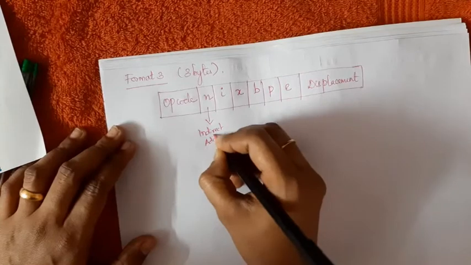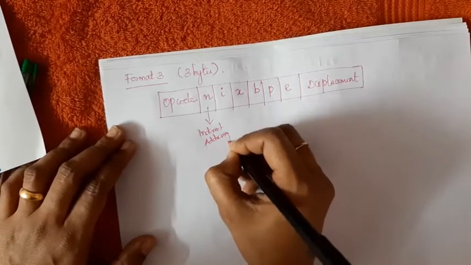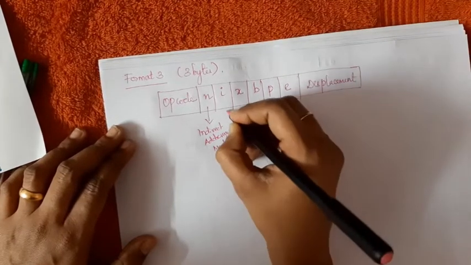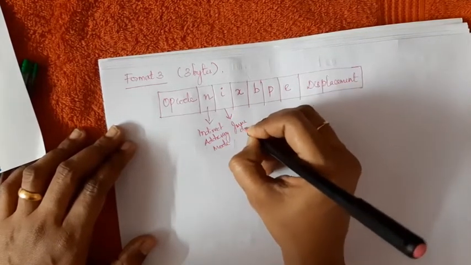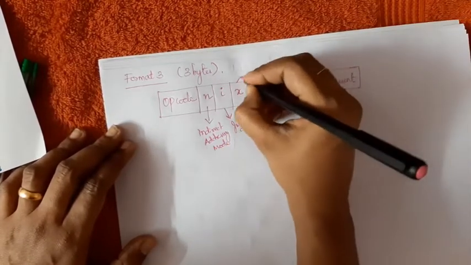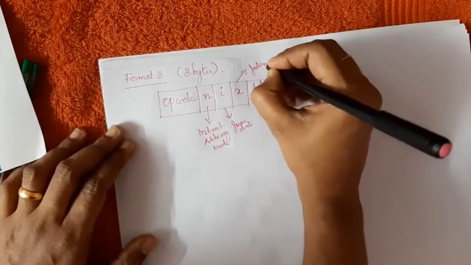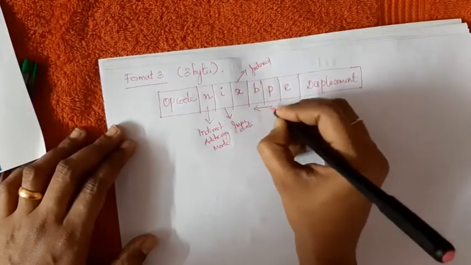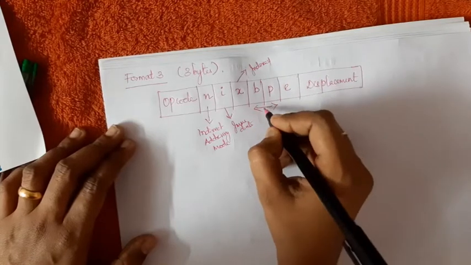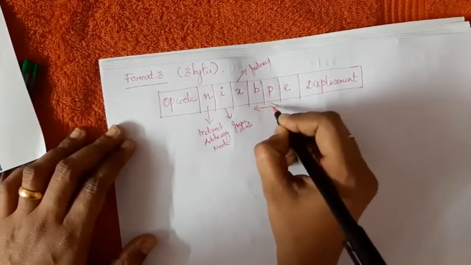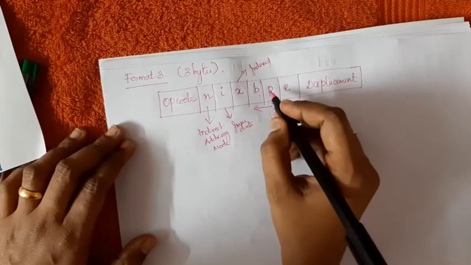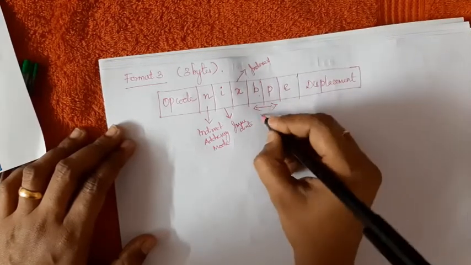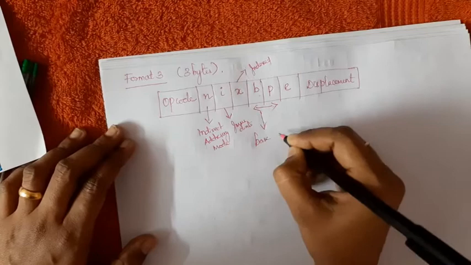Okay, so this we also study in addressing mode. And this I specifies immediate. Okay, and X specifies indexed, and these are the two new relative addressing modes, base relative and program counter relative. Okay, so this is base relative.